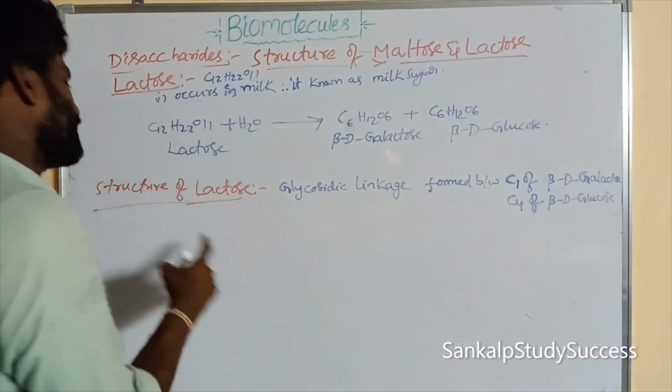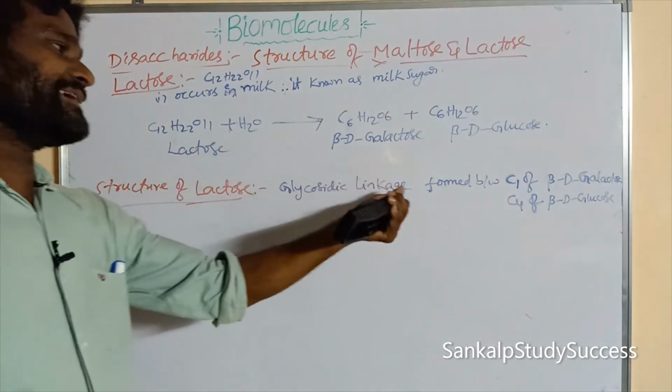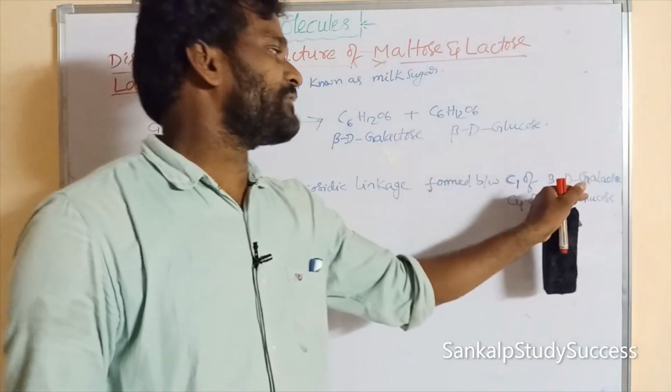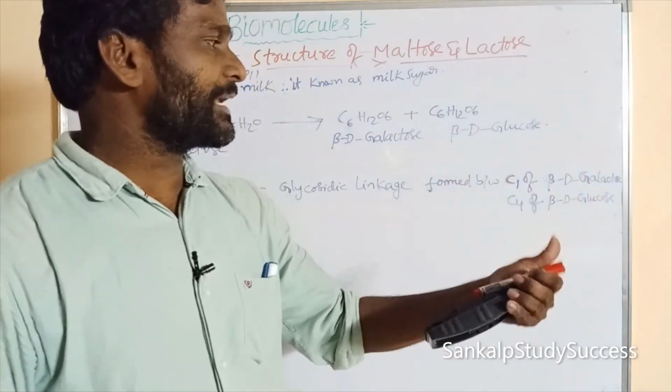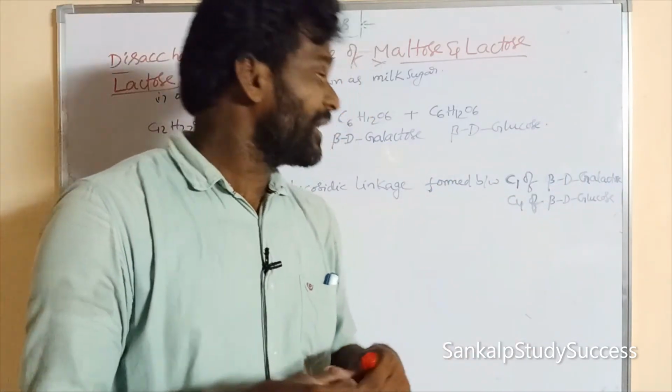So in lactose, the glycosidic linkage is formed between C1 of one beta D galactose and C4 of beta D glucose.